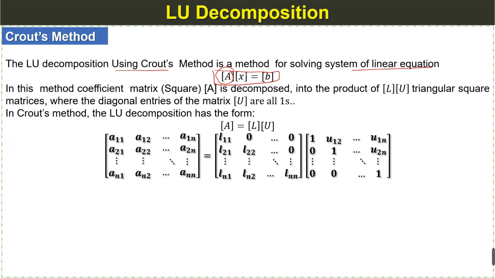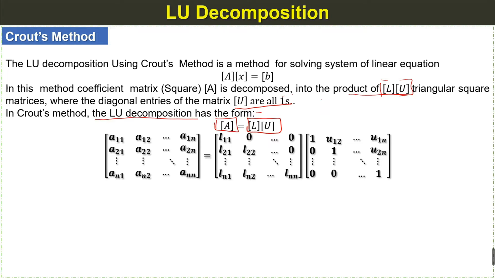This one is the coefficient matrix, this one is the matrix X, and this one is the matrix B. The coefficient matrix A is a square matrix, and it is decomposed into the product of the lower triangular matrix and the upper triangular square matrix, where the diagonal entries of the upper triangular matrix are all ones. So in Crout's method the LU decomposition has this form.